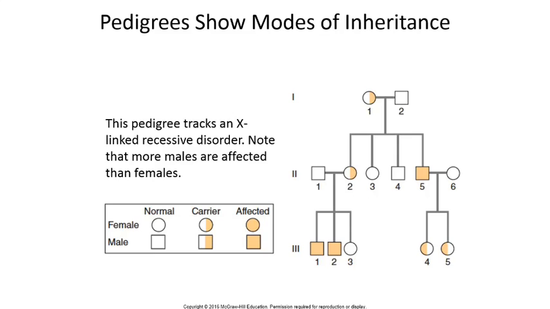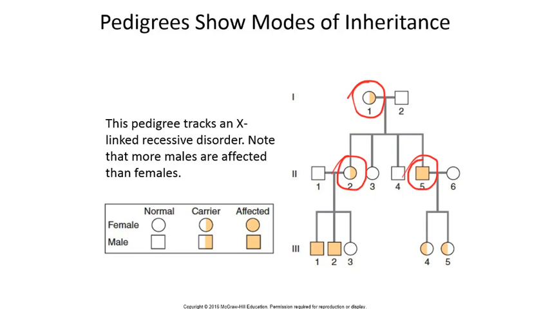If you have a disorder that is only on the X chromosome, then typically the female will be a carrier. They're usually not affected unless they get two copies of it. So here we have the mom's affected. Her daughter gets one copy of it, and she's a carrier.